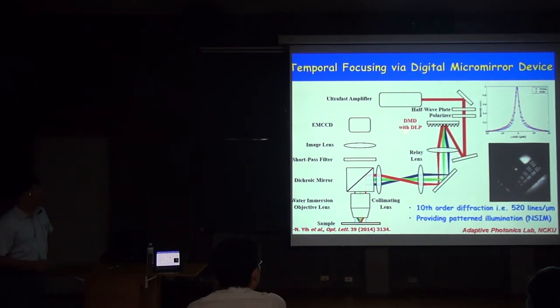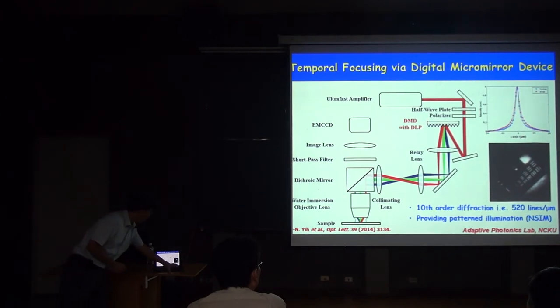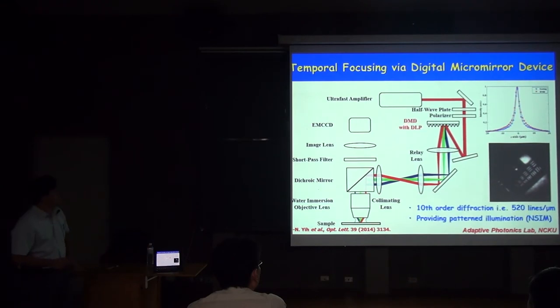But this DMD here does not just create the pattern, because as we know the DMD is like small mirrors, just like a blazed grating. The blaze angle is around 12 degrees. So we use this DMD to replace the grating.